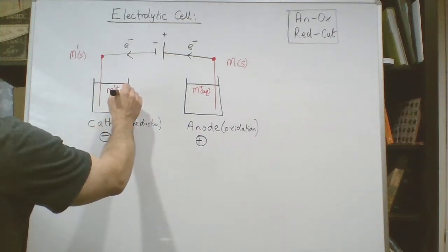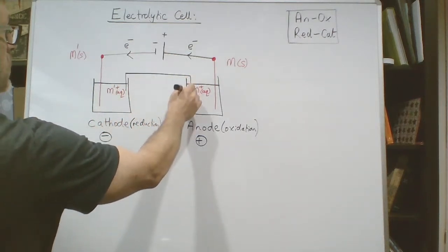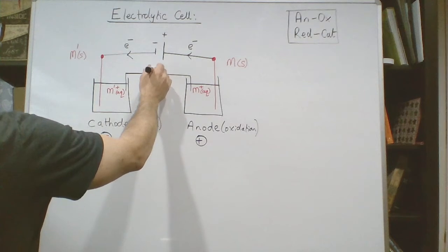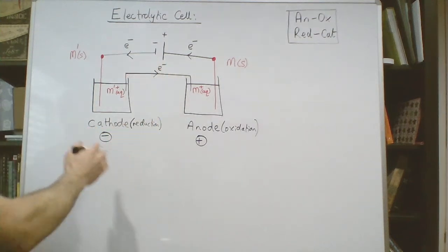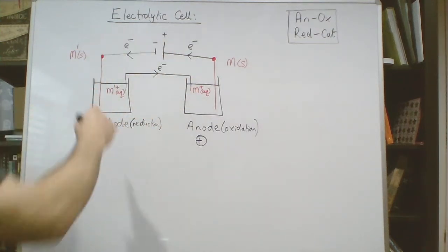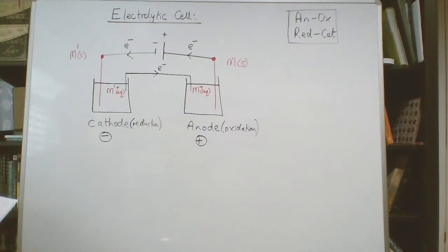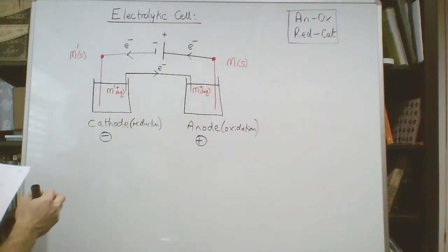Okay, we need to connect these beakers by a bridge. So the electron is going to flow that way. So now the electron is flowing counterclockwise. So we're going to annotate this a little bit, if we look at the cathode, for example.